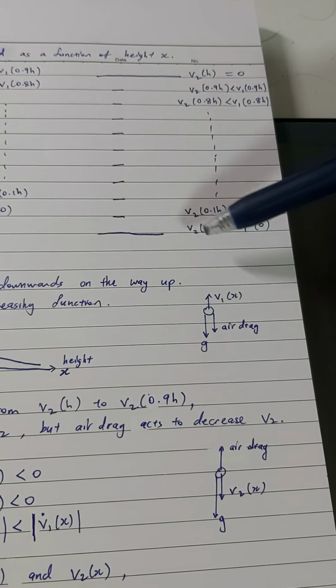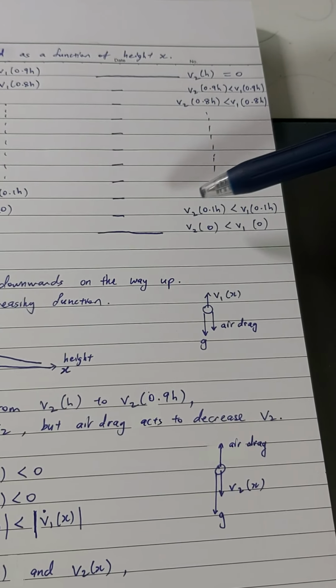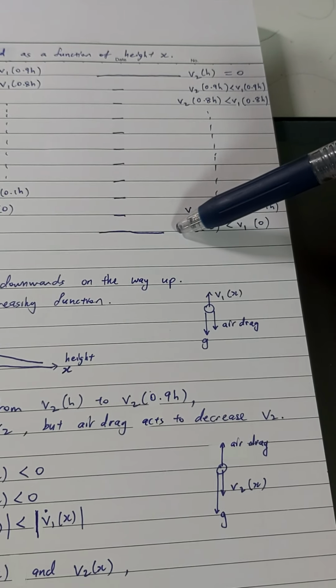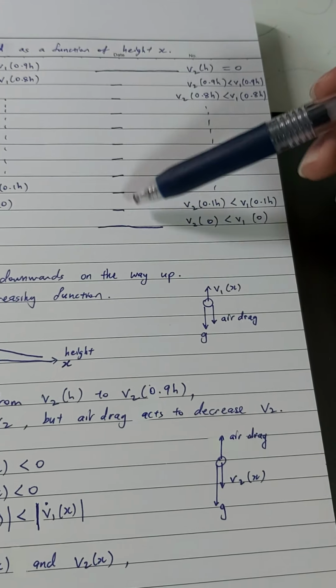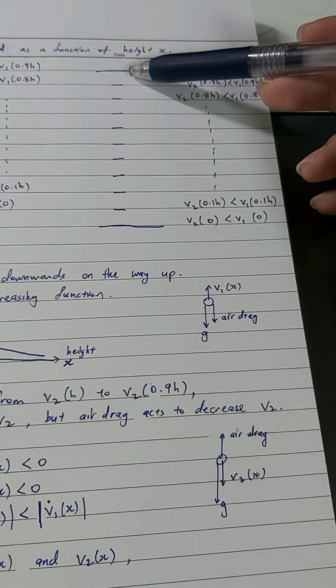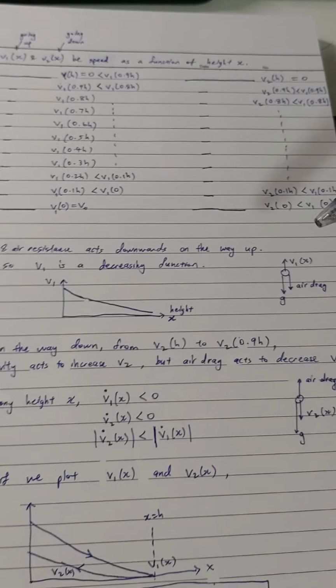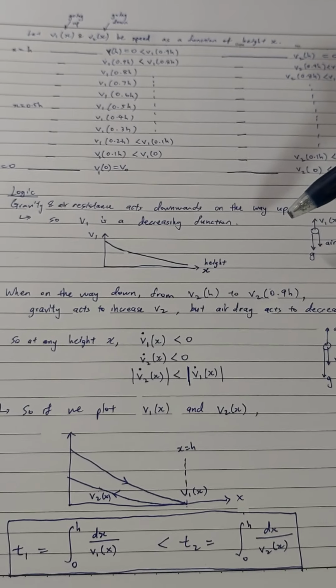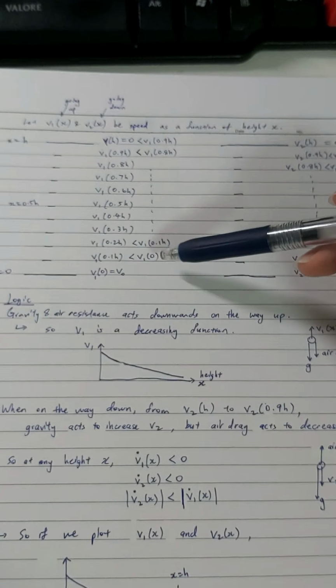So if we plot the speed as a function of height, the bottom is the fastest. Remember that it's coming down though. At the bottom is the fastest, and as you go up, basically as the ball comes down, it becomes faster and faster. So how do we use this to compare the times taken to traverse up and down?